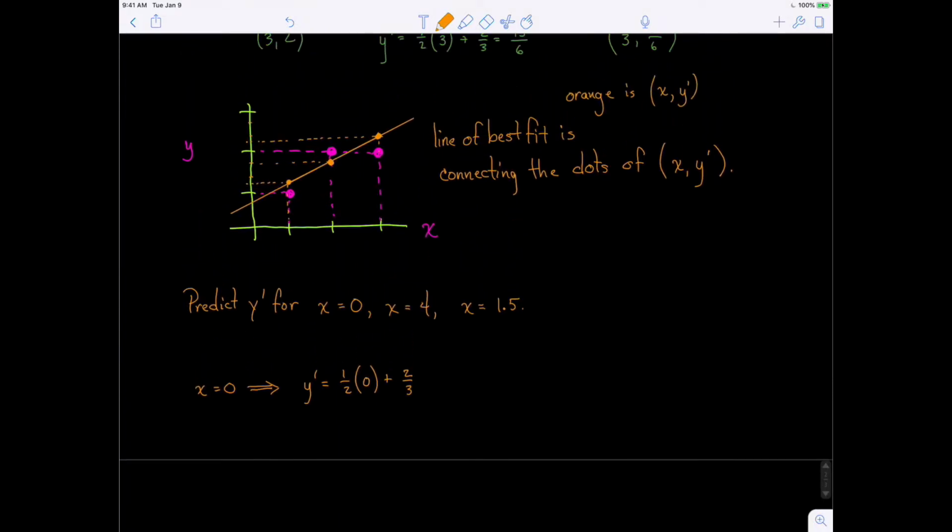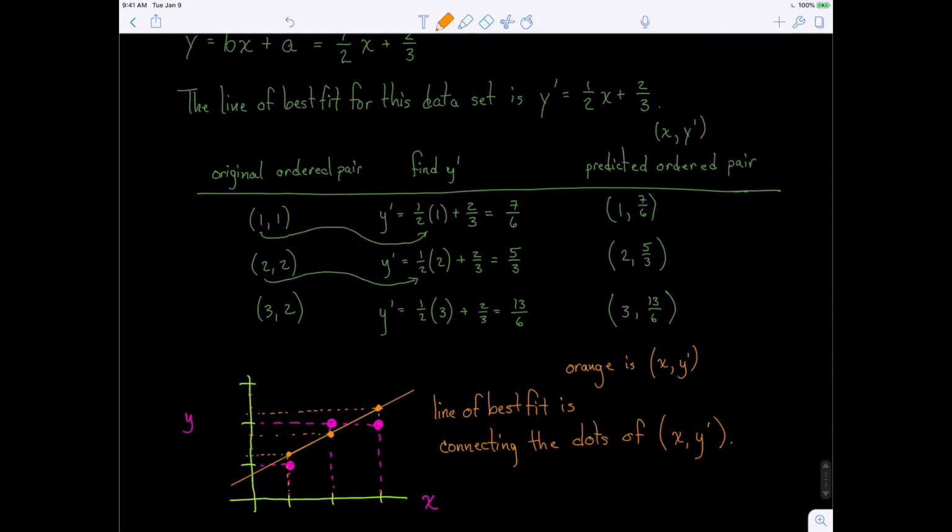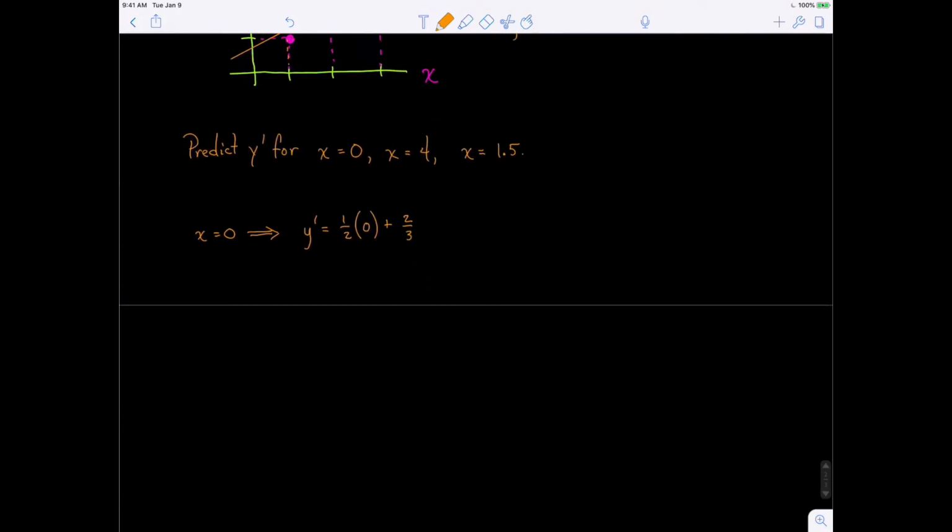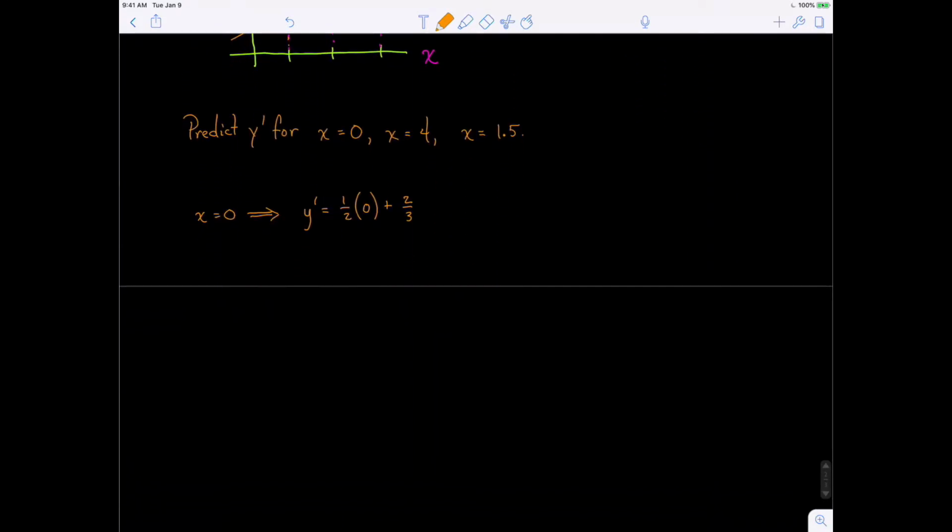And remember, I'm using this equation right up here. Same equation. Well, 1/2 times 0, that's 0. So to add that, I get 2/3. And so it gives me a new predicted value: x is 0, y is 2/3.